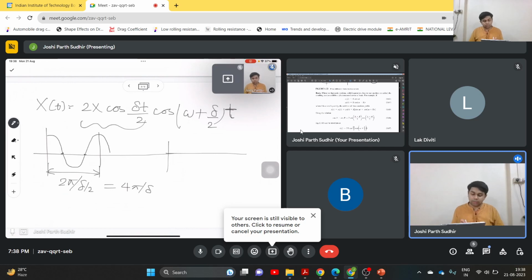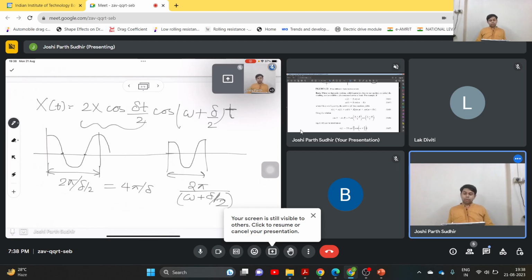So the other sine wave will basically have a time period of 2 pi upon omega plus delta by 2.